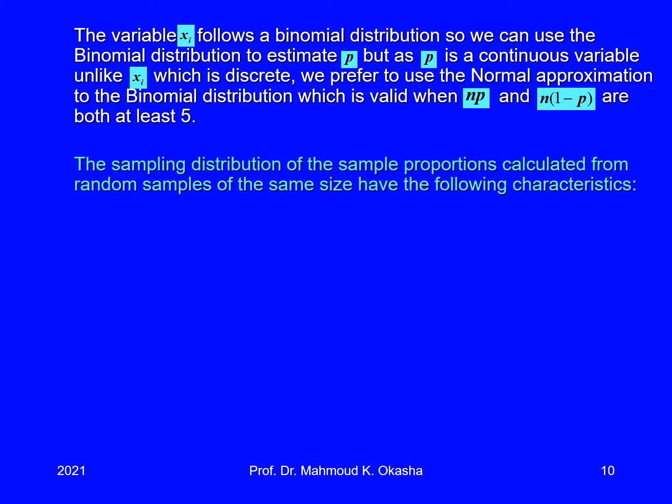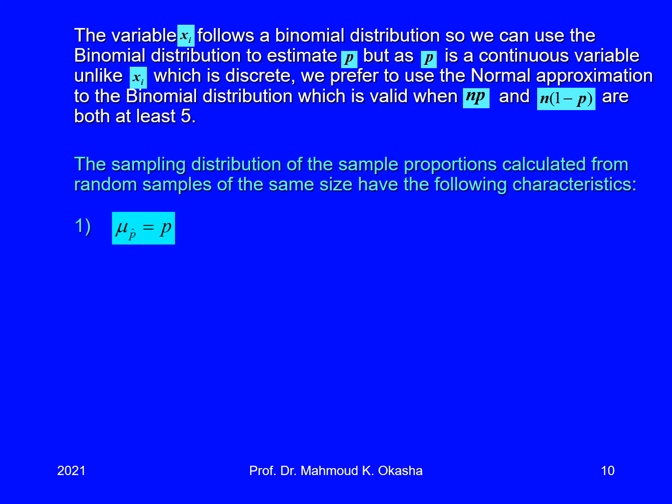And the sampling distribution of the sample proportion will have the following characteristics. We need three characteristics, like the sampling distribution of the sample mean: mean, standard error, and shape.